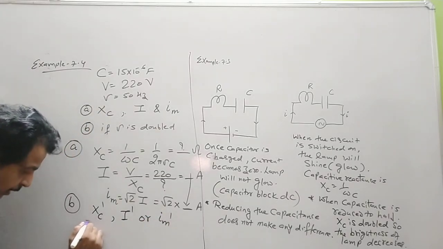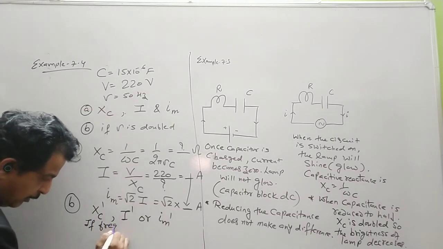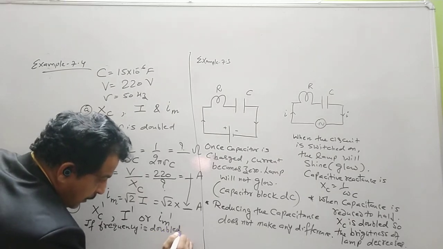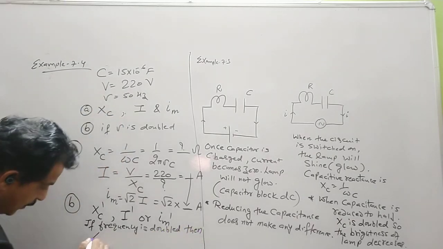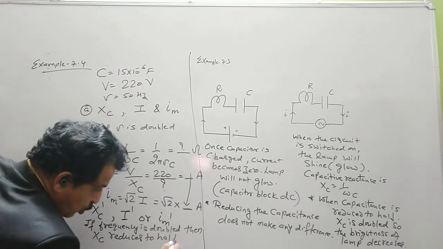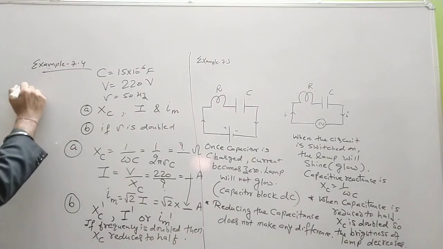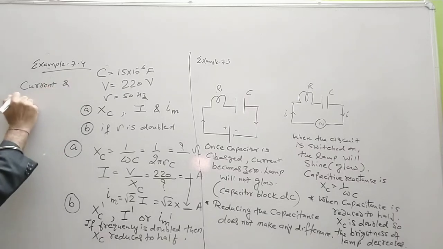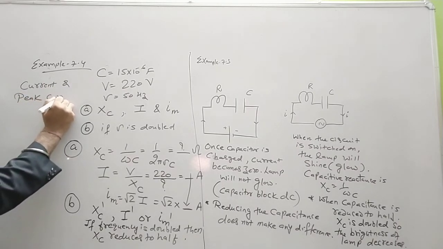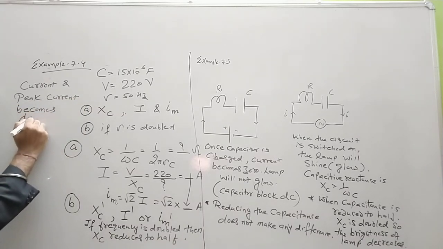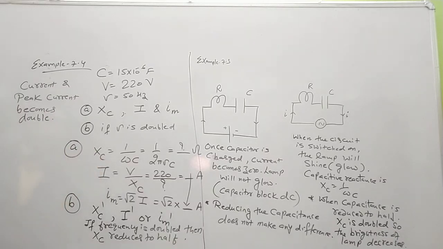Otherwise we can write, if the frequency is doubled, then Xc reduces to half and the current and peak current become double, because the resistance of the capacitor is reduced to half.